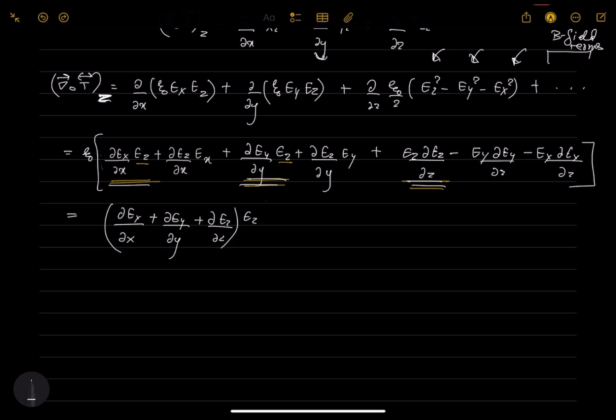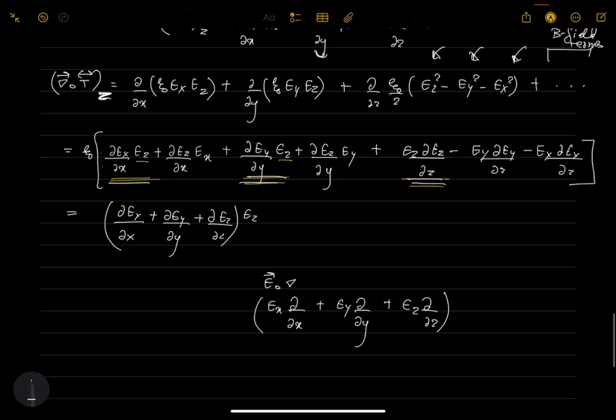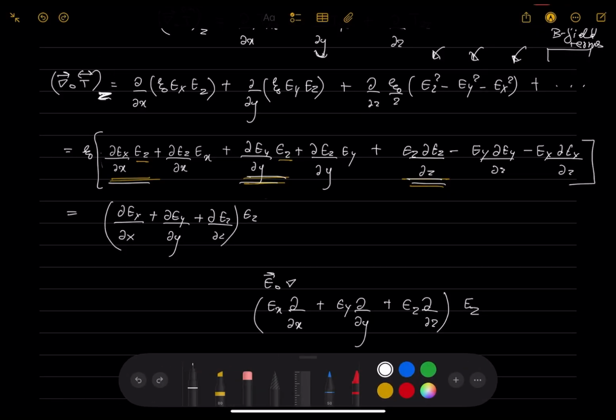Let's see if we also have something like an E dot del, which would basically be Ex times the partial derivative in x, plus Ey, a partial derivative in y, plus Ez, a partial derivative in z, and maybe Ez because we're taking the z component.